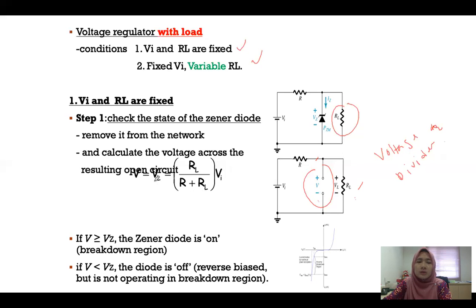So you will get VL, and you know that VL equals V. If V is bigger than VZ, the Zener diode is on, operating in the breakdown region. But if V is less than VZ, the diode is off and in reverse bias, but not operating in the breakdown region.